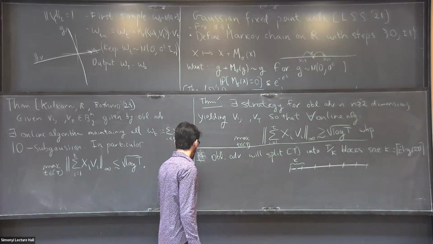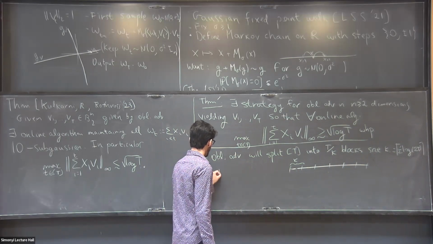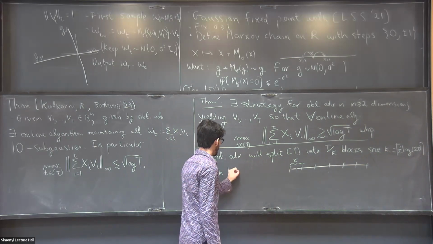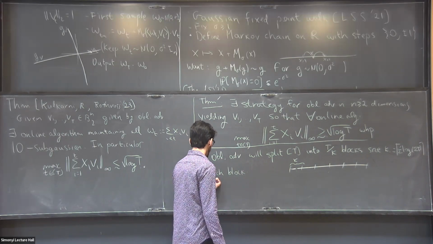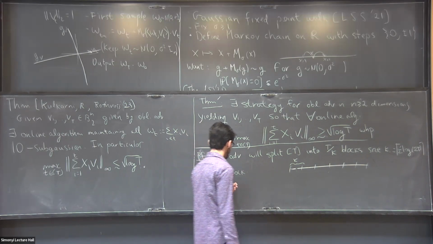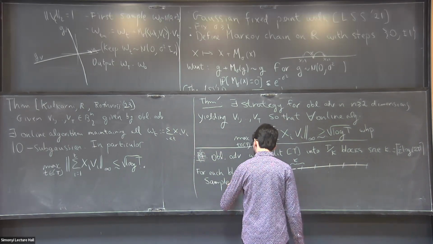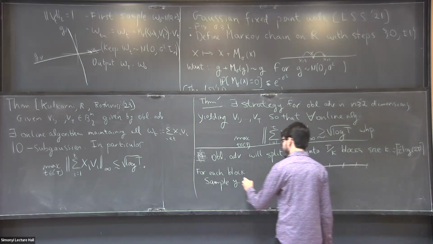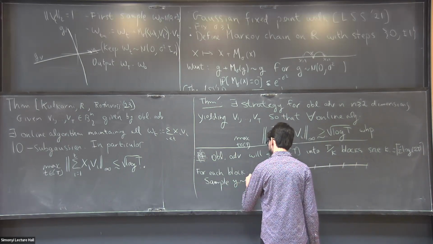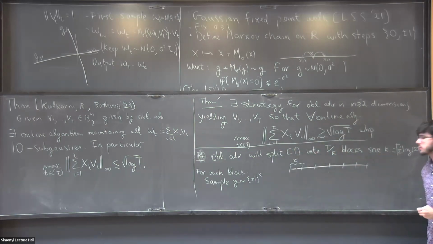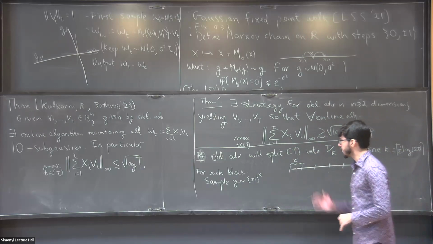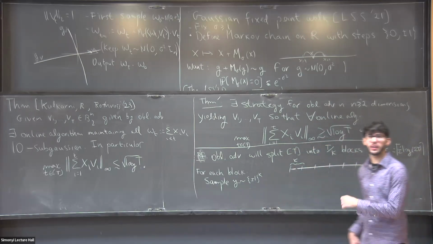For each block, I will sample random signs. I'll call them y. They're just random signs, and I will pretend that these are actually the signs that the online algorithm gives me.